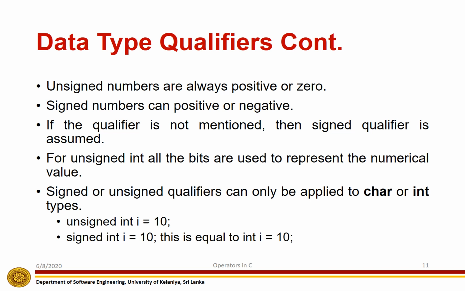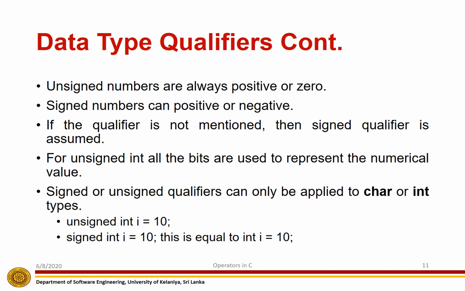The unsigned qualifier is commonly used when we know in advance that the number will always be positive. The range of values of a signed data type is always less than the range of values of an unsigned data type. Further, these qualifiers can only be used with int and char data types.